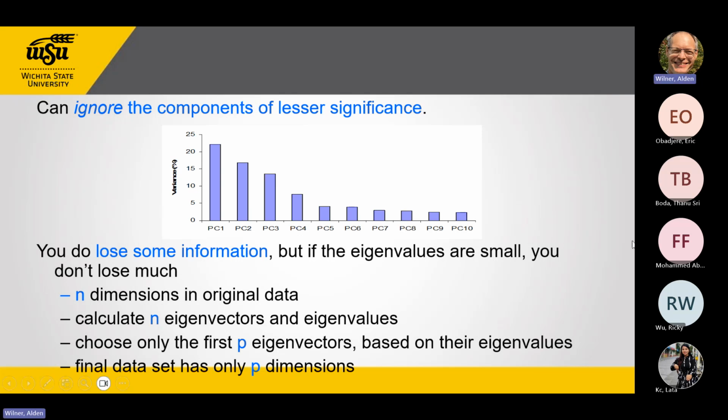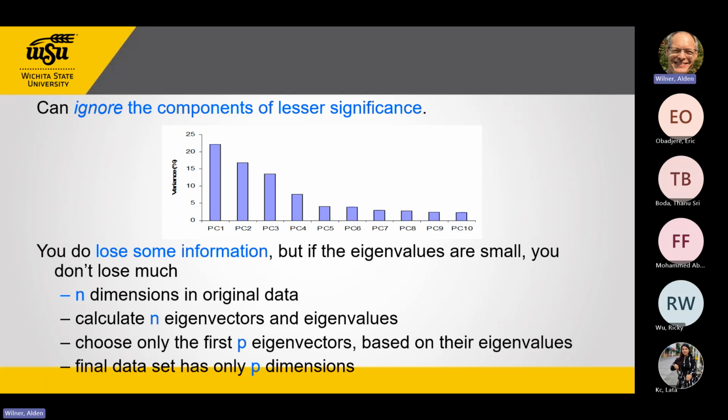But because there's not a lot of variance out there, we don't lose much variation, right? So if we have n dimensions in the original data, we calculate n eigenvectors and n eigenvalues. And now we choose the first p, where p is significantly less than n, and that gives us a new model. So how many variables would you choose given this data set?